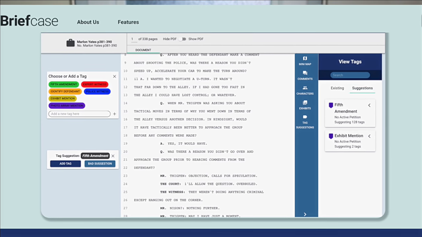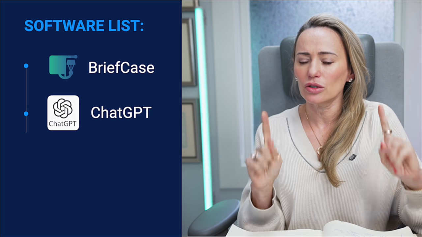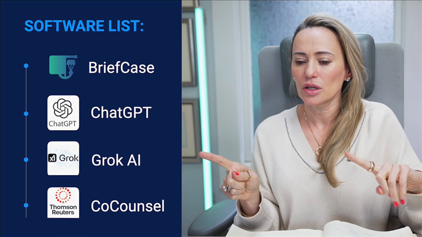nobody hallucinated, but it saves me time and money because I do have software like Briefcase, which has case law. It's specific to family law, but sometimes it doesn't have all the cases, or it's not that easy to find and not as quick when I type in. I do have another software, so Briefcase, ChatGPT, Grok, CoCounsel.